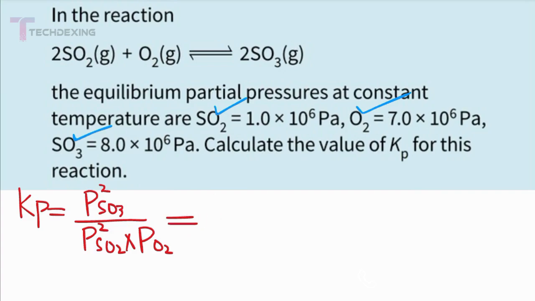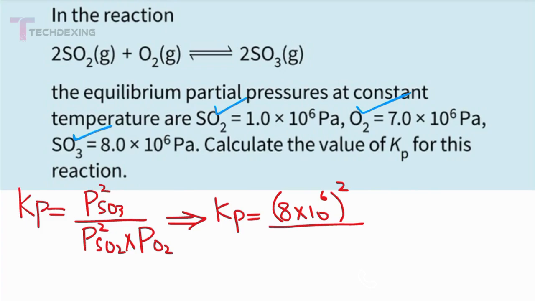The next step is to put in the values. So Kp is equal to, let me see how we can put the values. SO3 is 8 into 10 to the power 6 Pascal, squared.